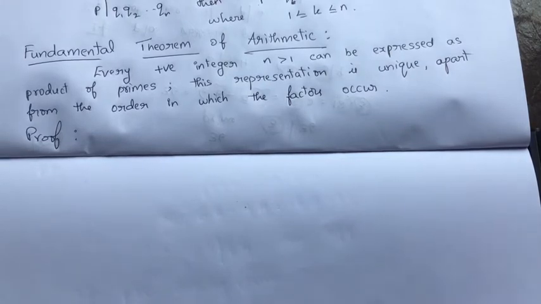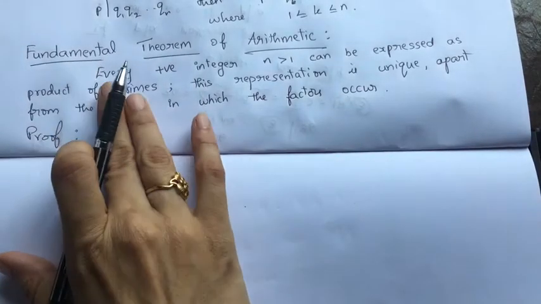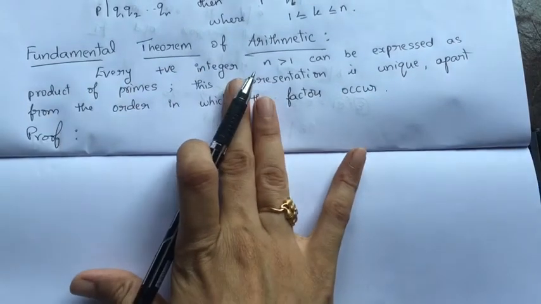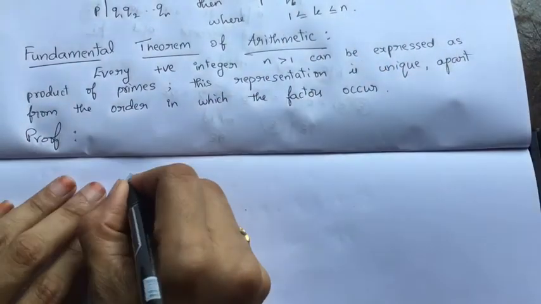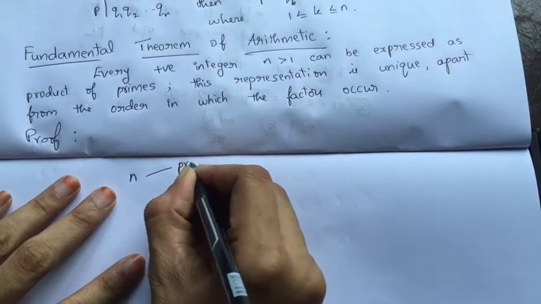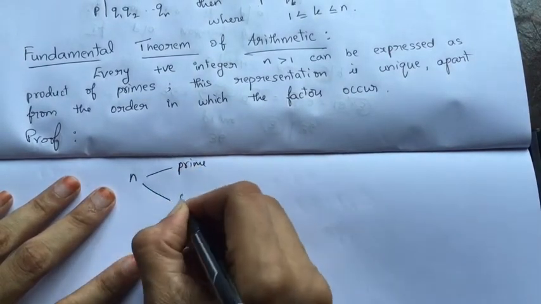What happens if it is composite? It's not mentioned, it's just mentioned every positive integer. So n can be prime, or it can be composite.